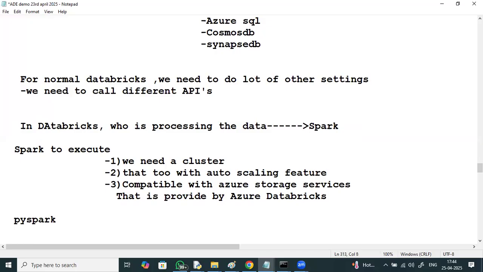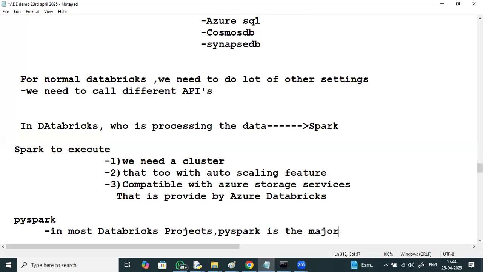In most Databricks projects, PySpark is the majority of the code.